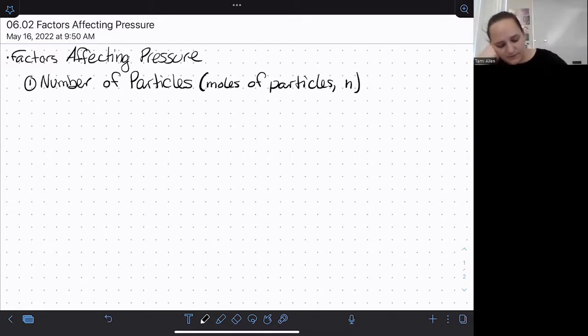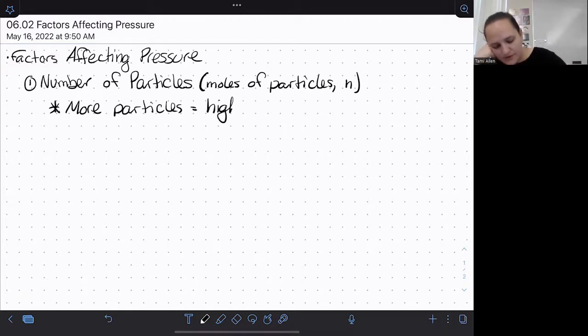So essentially, in general, if all other things are held constant, more particles is going to lead to higher pressure. And that should make some sense if we think about the basis for pressure as collisions. If you have some container and you put more stuff inside of it, things are going to be bouncing off the walls more often.